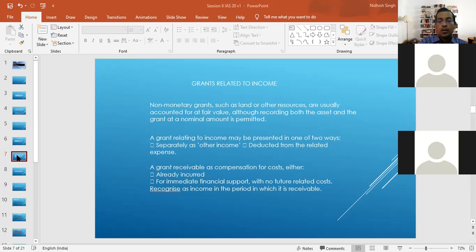Normally every government has some schemes, and they support their businesses for various reasons. Some of the reasons are that they have a budget to pursue their own missions, and they will finance you if you are one of the businessmen who are aligned to the national goals. So whatever refund that you get, that is a grant related to income.